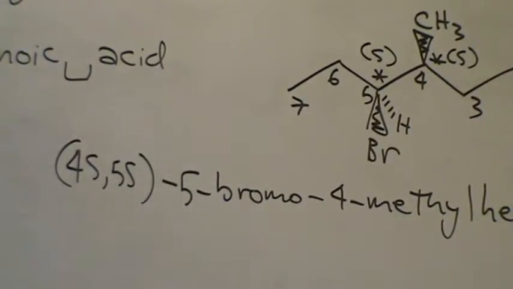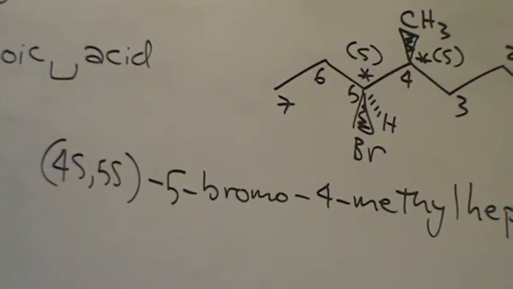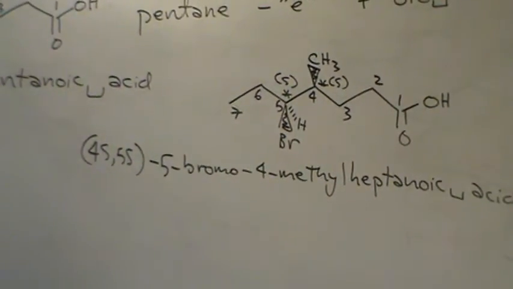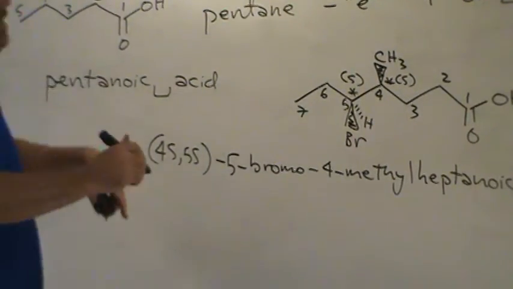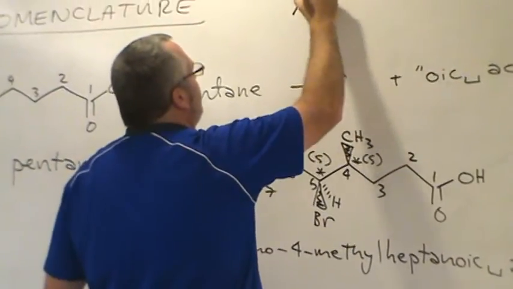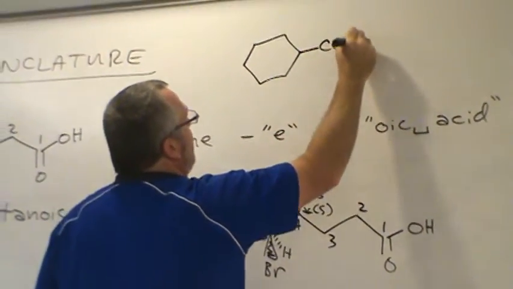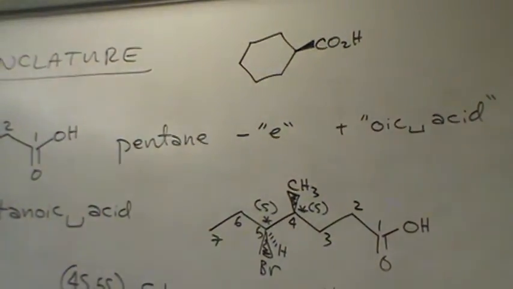So naming these carboxylic acids when they're just part of a straight alkyl chain is pretty simple. Now, what do you do, though, when it's not part of a straight linear chain like that? For example, what if it's just on a ring? So here's a carboxylic acid group which is present on a cyclohexane.